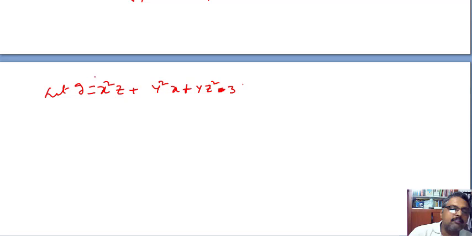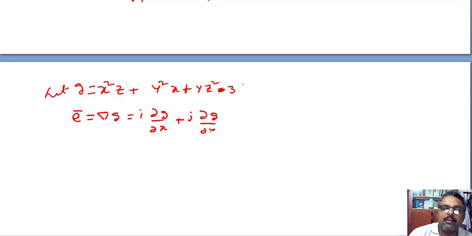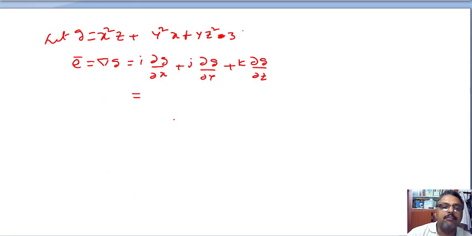Now find E bar. E bar is, as we already discussed, del g. Del g is i dou g by dou x plus j dou g by dou y plus k dou g by dou z. Now find the partial derivatives. With respect to x it is 2xz plus y square, since the derivative of y square x is y square and the last term has no x.